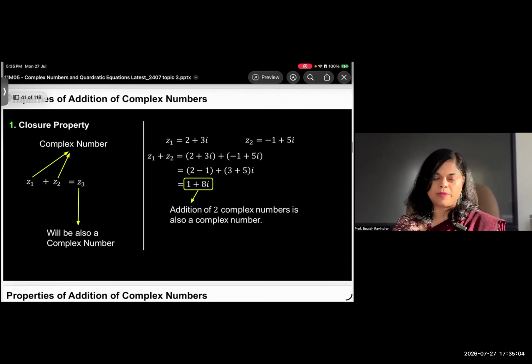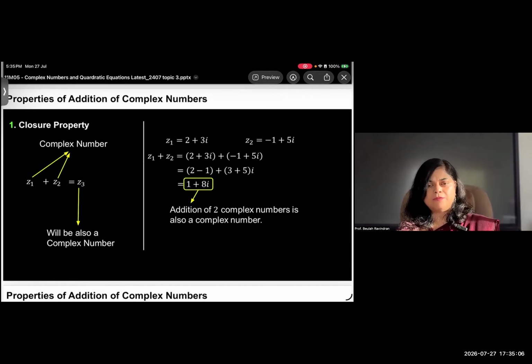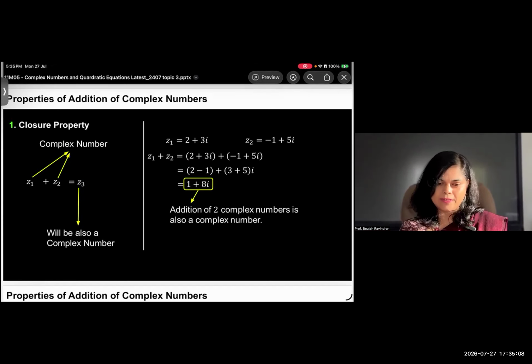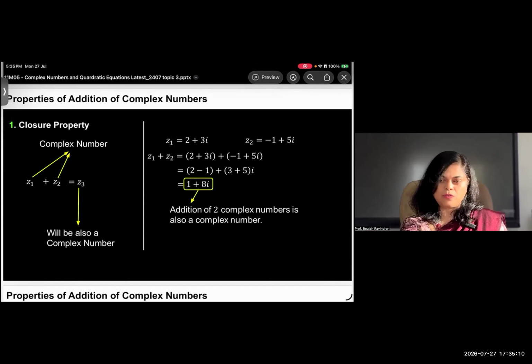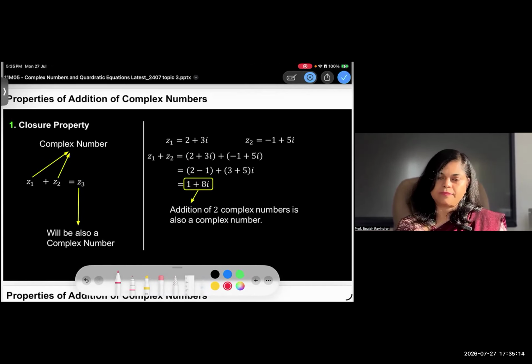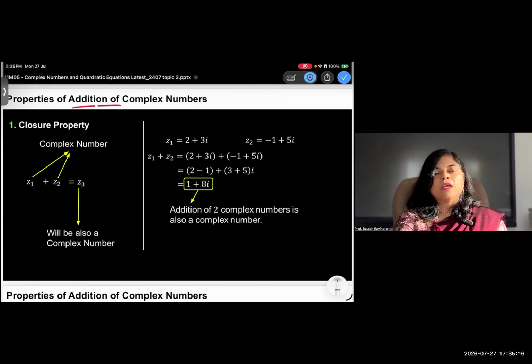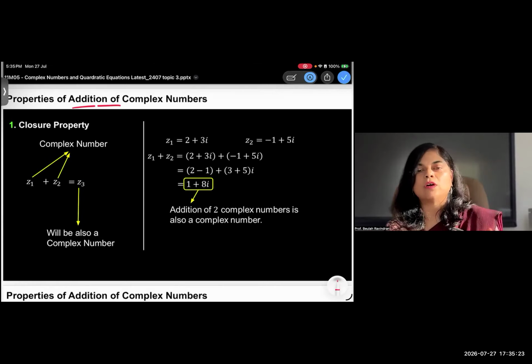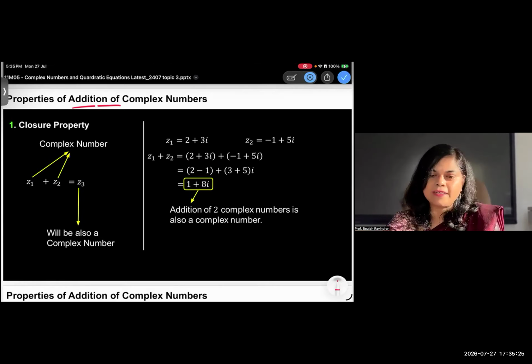So the first one is the closure property, under addition. How do we add complex numbers?